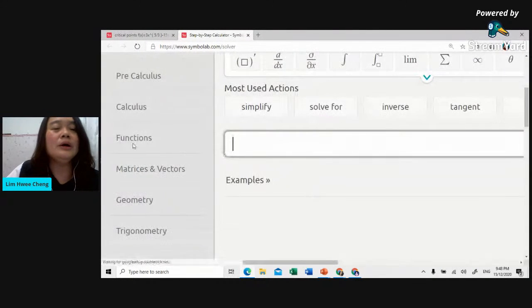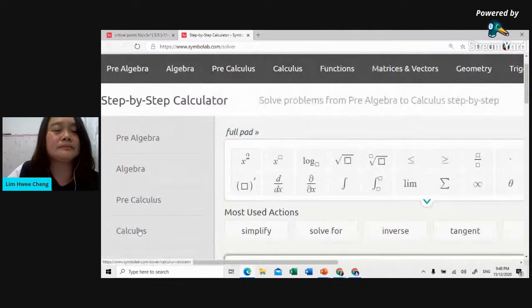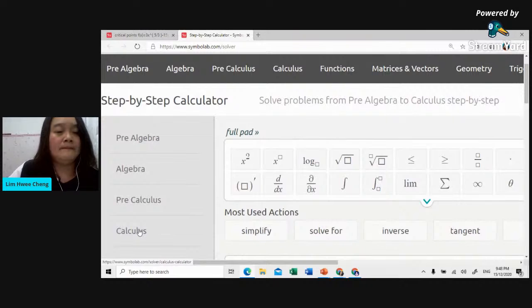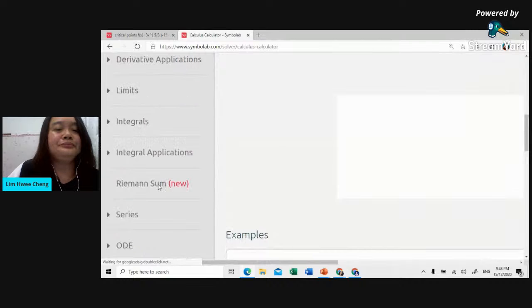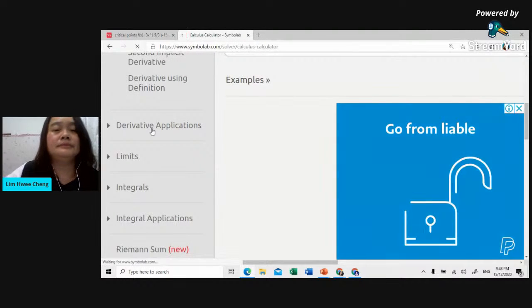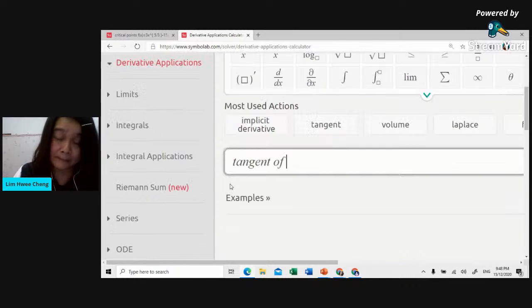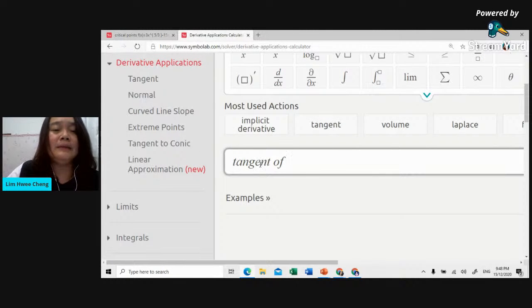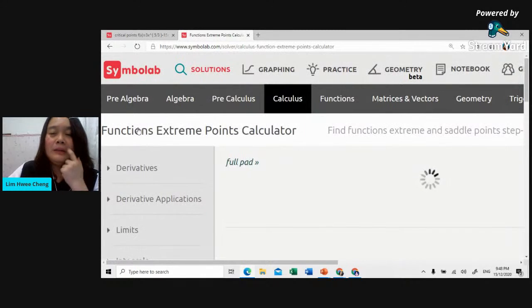Okay, so you go to the calculus again. Okay, you go to the derivative applications. Okay, saya tak mau tangent, saya nak pergi extreme point. Extreme point sama ada maximum atau minimum.